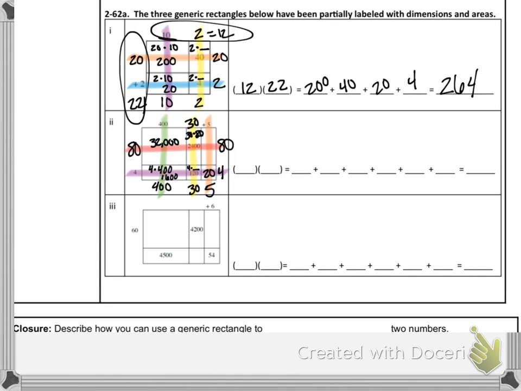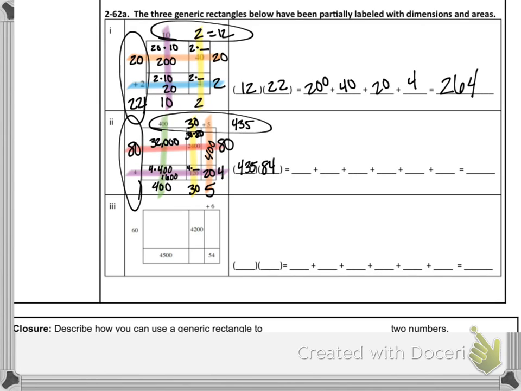And on the far right side, 5 times 80 is going to give me 400. For this generic rectangle, 430 and 5 is going to give me 435. 80 and 4 is going to give me 84.